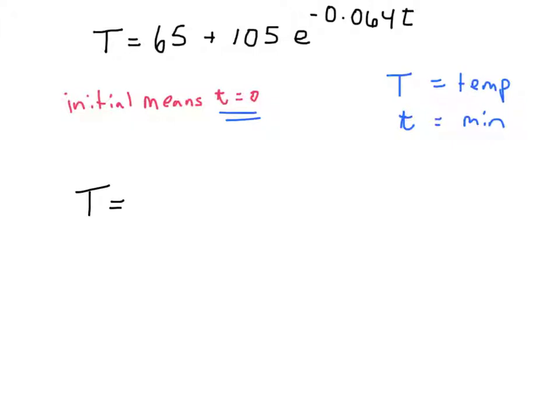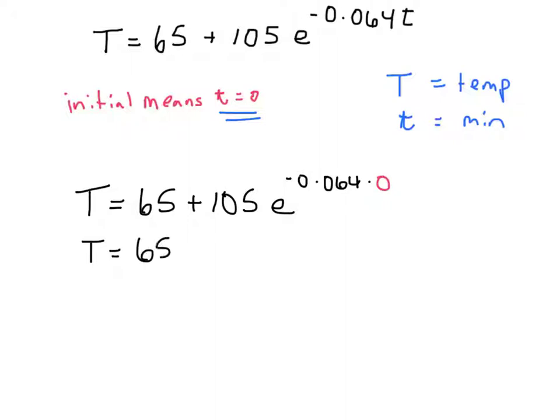T, capital T, equals 65 plus 105 e to the negative 0.064 times 0. And I mean 0 is one of my favorite numbers to do math with. I think you probably know why. This simplifies as follows. We get 65 plus 105 times e to the 0.